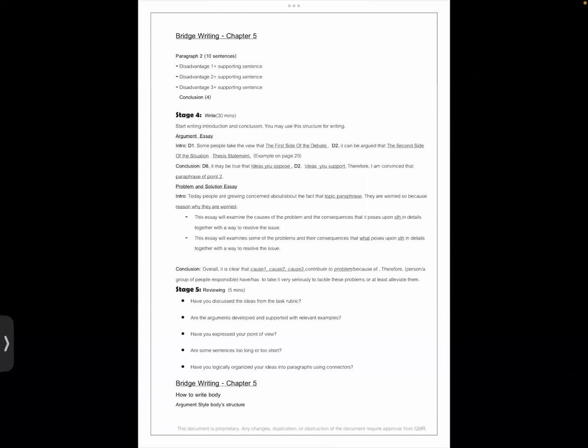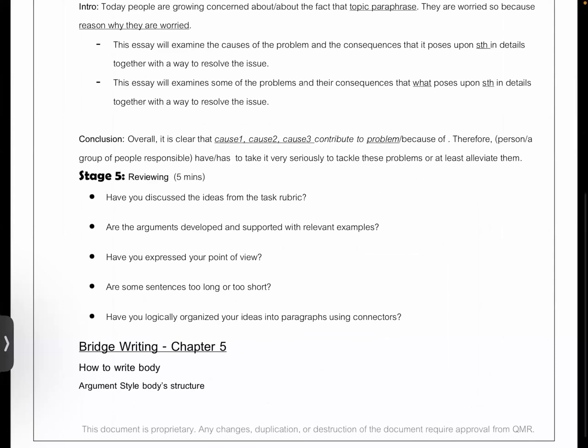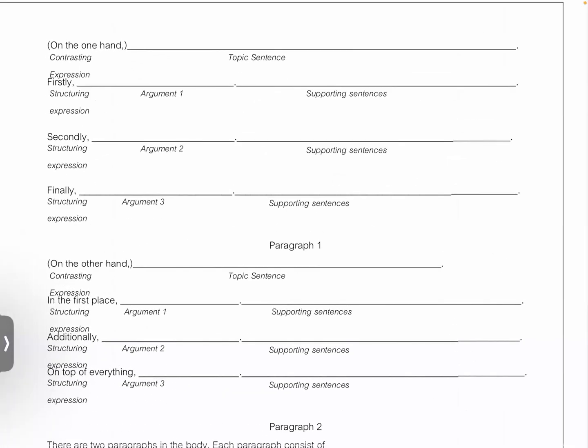All right. Okay, next, we're going to be looking at how to write a body paragraph. So here is a simple body paragraph structure. We begin with a topic sentence. We can use an expression like on the one hand to begin our paragraph, knowing that the following paragraph will be the opposite.